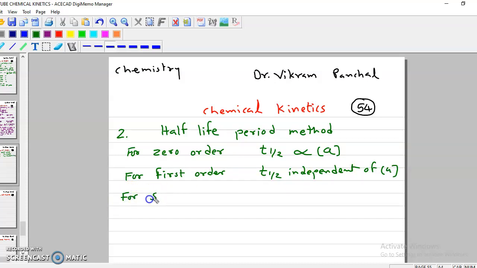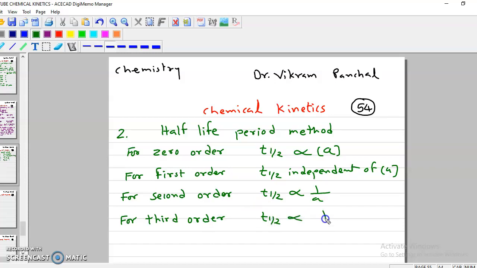For second order reaction, T half proportional to 1 upon A. For third order reaction, T half proportional to 1 upon A square.